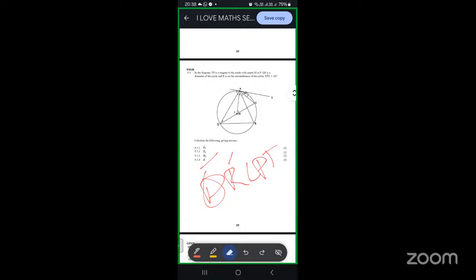Sir, may you please repeat? I was asking if there exists a cyclic quad in the diagram. No, sir.